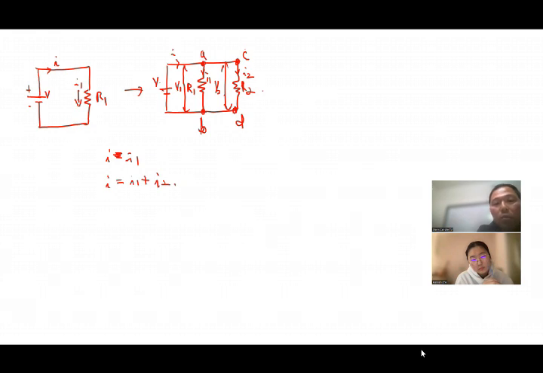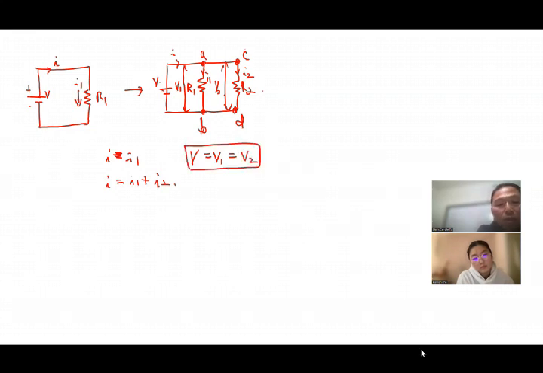The current is split into two different paths. And the potential difference from this circuit should be maintained, so V is the same as V1 and V2.